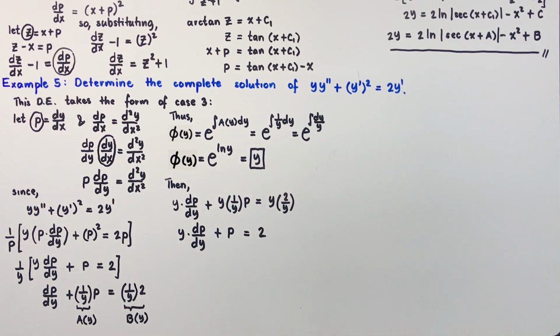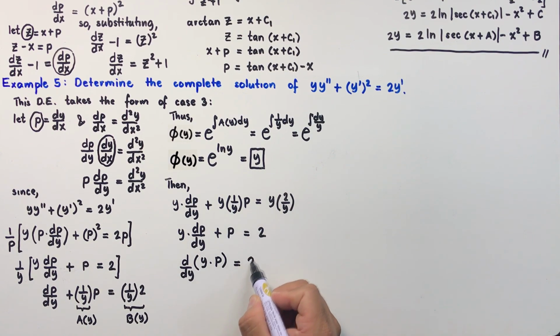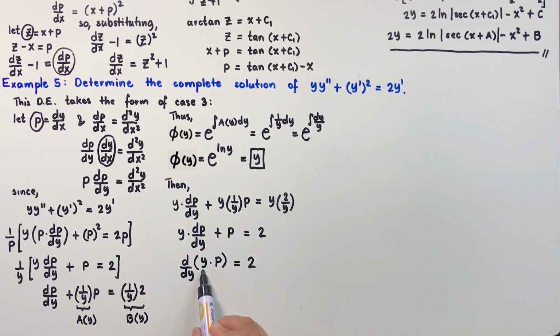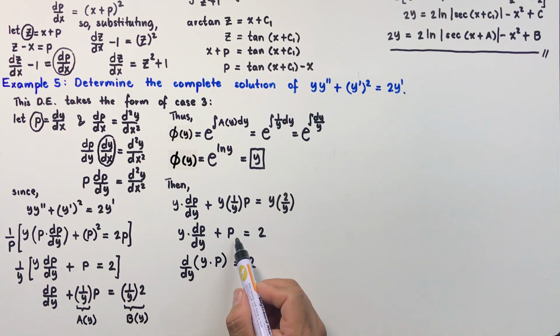You must be clever enough to notice that this is already an integrable combination, because this is a derivative of a product of y and p. So this is the derivative with respect to y, and this is equal to 2. You can check that we have y times the derivative of p with respect to y plus p times the derivative of y with respect to y, which is 1.